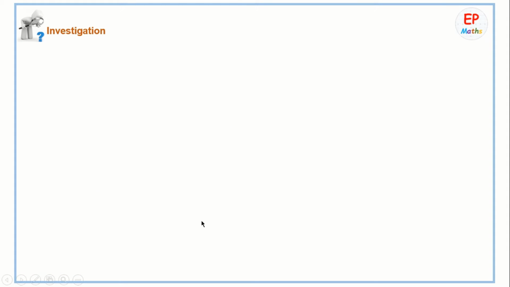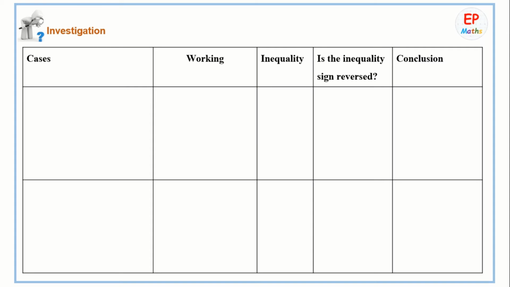Okay? Now, we are going to perform an investigation that will help us understand more how to solve linear inequalities in one variable. Okay? So we'll have 4 cases, then we will look at the working.